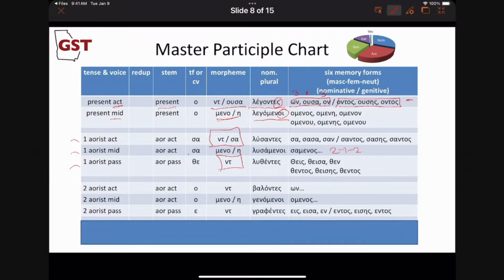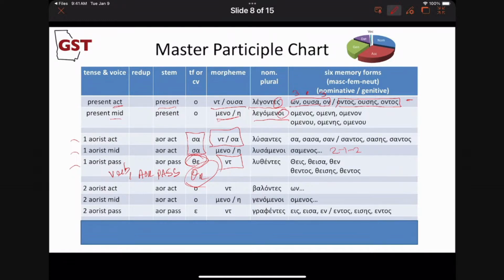The difference here, of course, is sigma alpha, but our passive is going to be the theta epsilon. That's important, theta epsilon, excuse me. It's not the theta eta, right? That would be the passive aorist verb. For a first aorist passive verb, not participle, we're going to use the theta eta. But theta epsilon is going to be the participle tense formative.